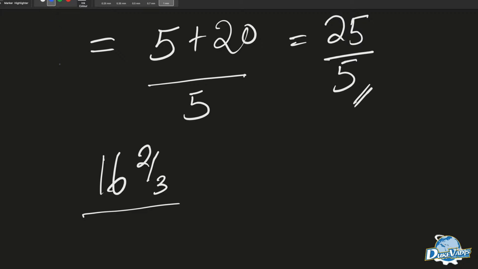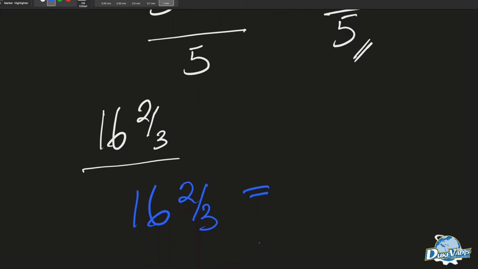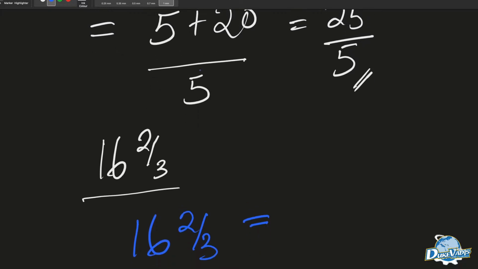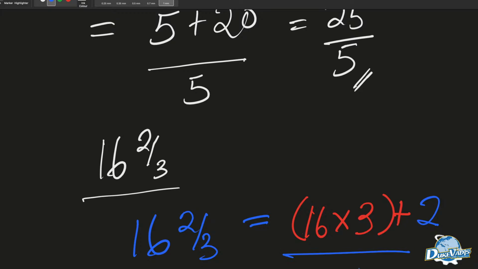So now, this will be 16 whole number, 2 over 3. So we say 16 multiplying 3 in brackets plus our 2 all over 3.